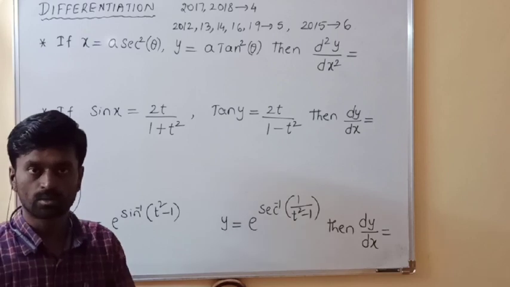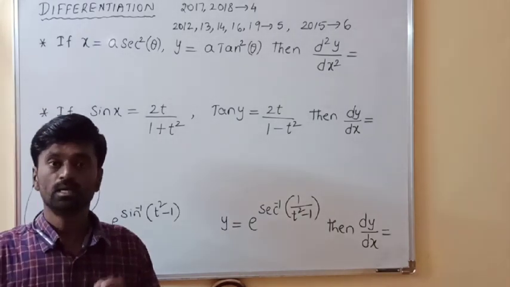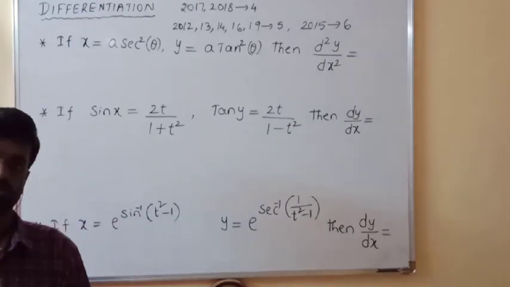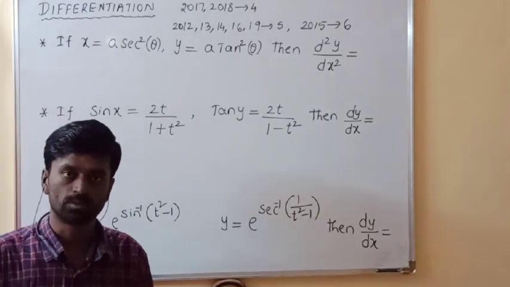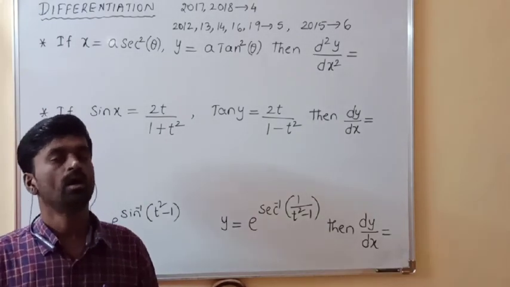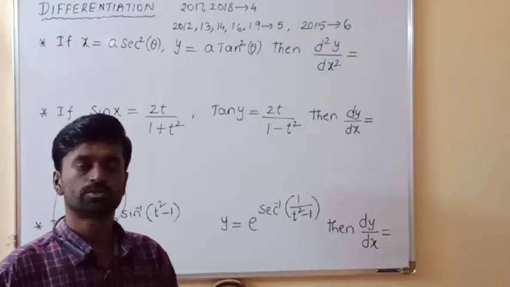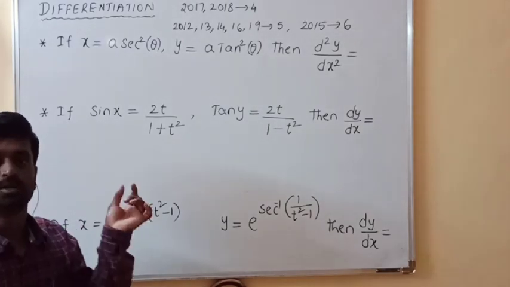Observe the question carefully and identify whether it is possible to eliminate the parameter from the given two parametric equations. If it is possible, better you eliminate it, then differentiate. Here, if it is possible to eliminate theta, better you eliminate theta, then differentiate.